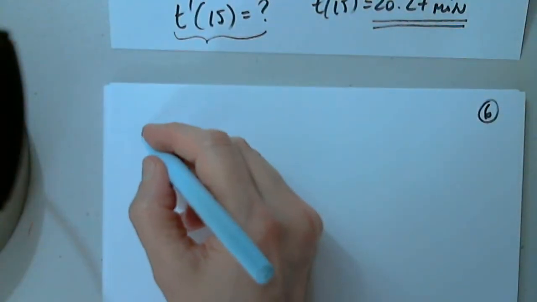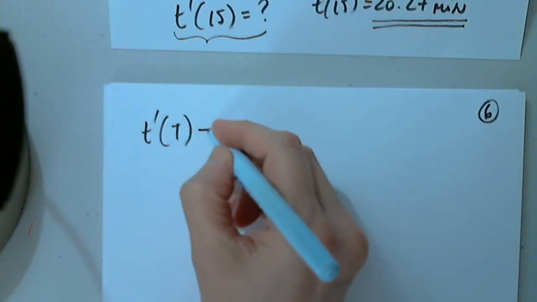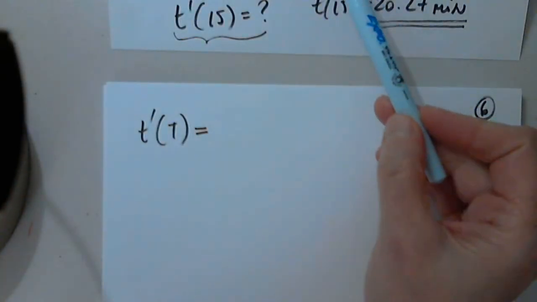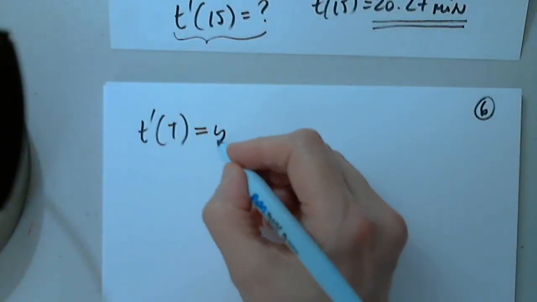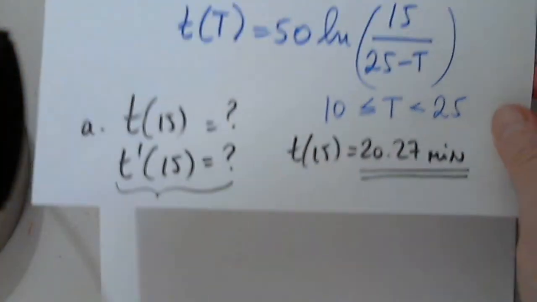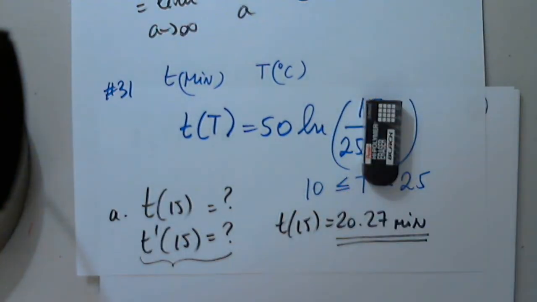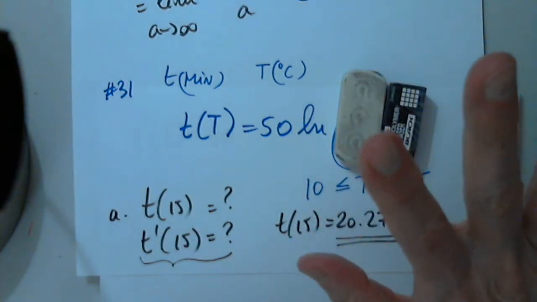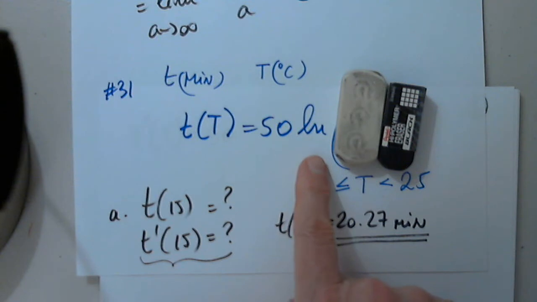Good. So t prime of T. Can anyone tell us how to start this? I look at a constant times a function, so I have to copy the constant. How do I differentiate this function? Are we going to use first the product rule? No, because this is a constant times a function.